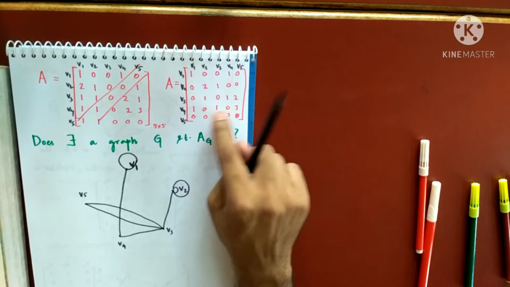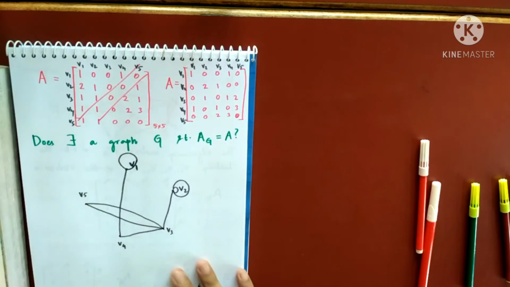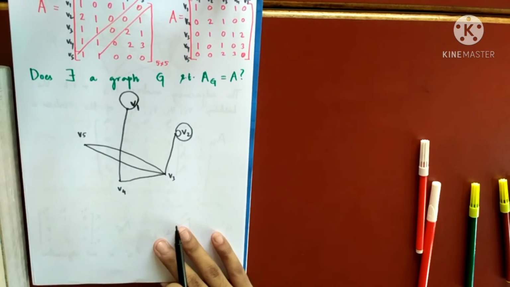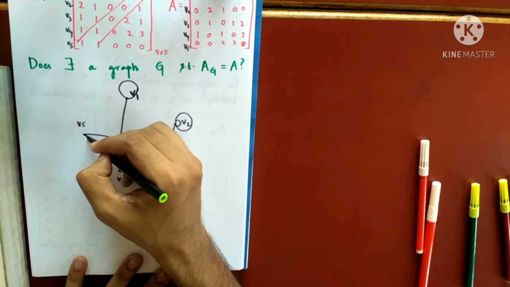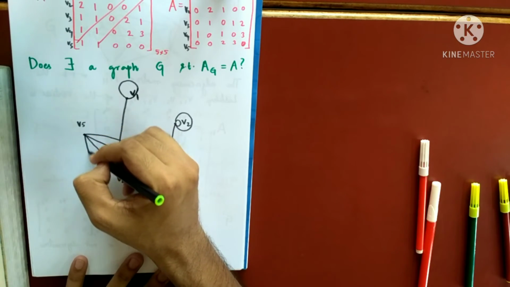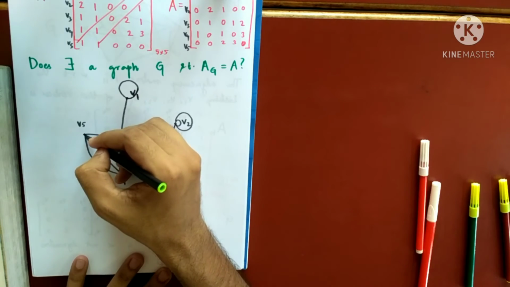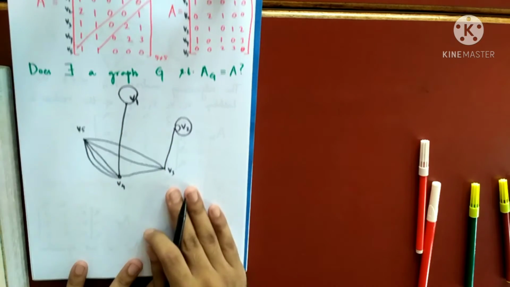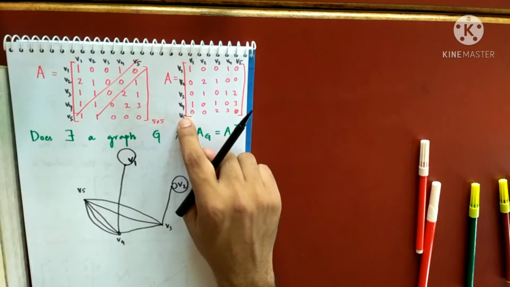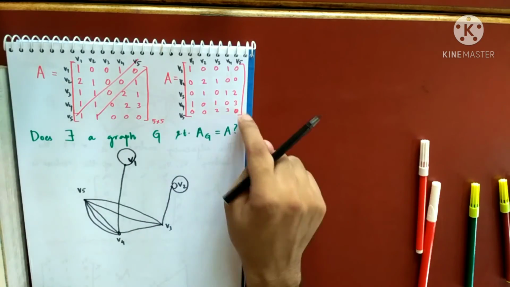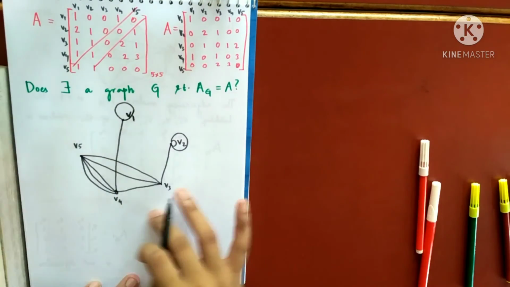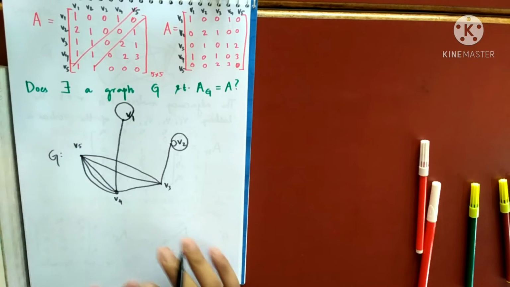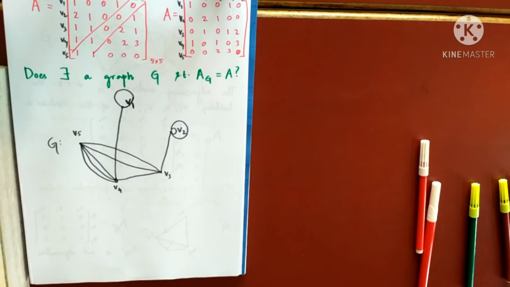So V4 to V4 is 0, V4 to V5 is 3. So between V4 and V5 there are three parallel edges, like this, and like this, one more. And all the rest are drawn. You may check. So this is the graph whose adjacency matrix is the same as the given matrix.